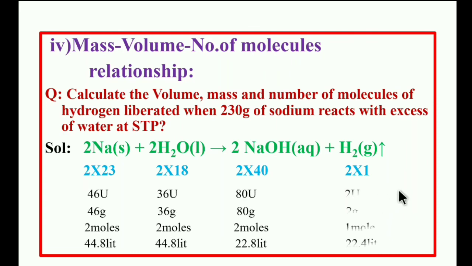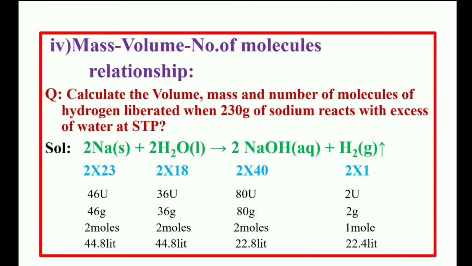Now see the interrelation: 46 units of sodium, 2 into 23, 46 grams, here 2 moles are present. For 1 mole it occupies 22.4 liters, so for 2 moles it occupies 44.8 liters. Same for 2 moles of H2O, that occupies 44.8 liters.